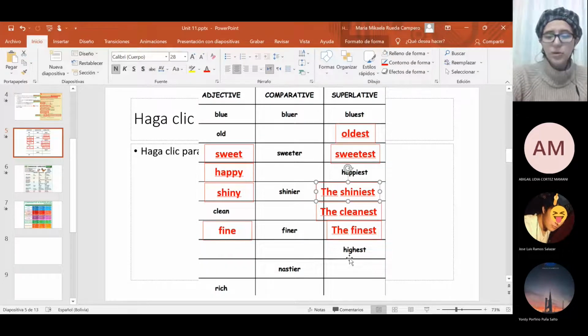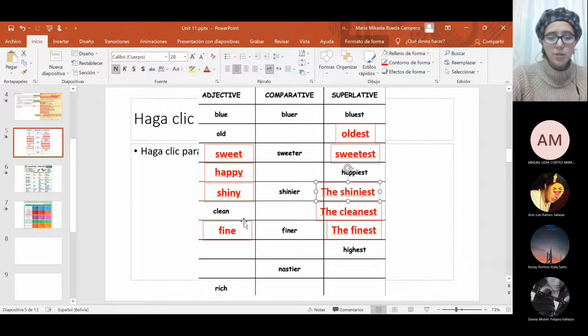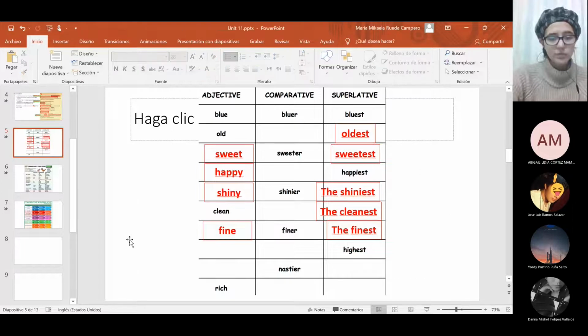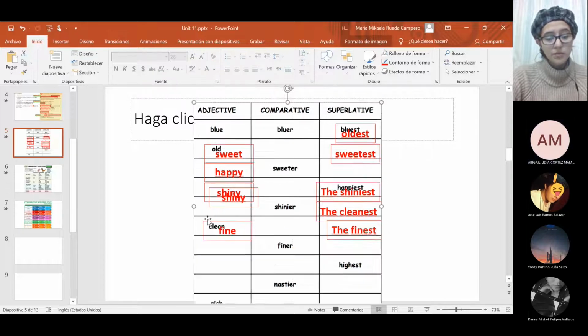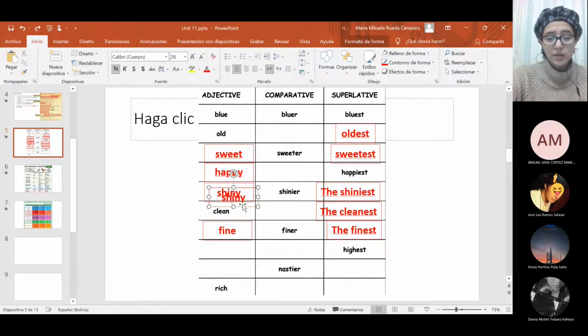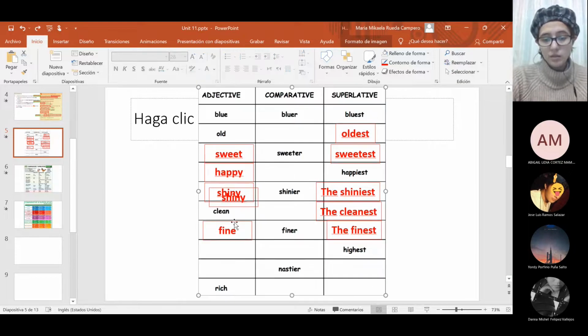What about if we have here highest? What is the adjective? High. Yes, that's it. Then what happened here with the comparative form nastier?